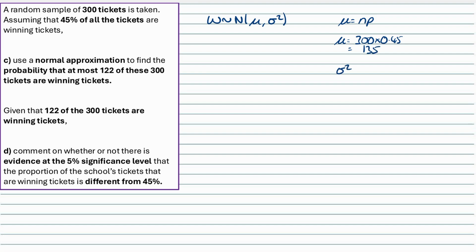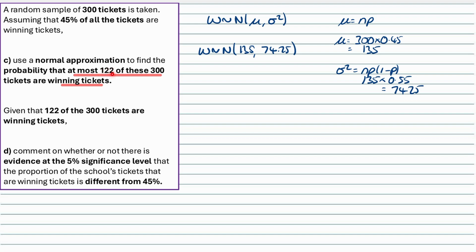And the variance will be NP multiplied by 1 minus P. So 135 multiplied by 0.55, which gives us 74.25. So our normal distribution will be 135 for the average and a variance of 74.25. And we want to work out the probability that at most 122 of the 300 are winning tickets.